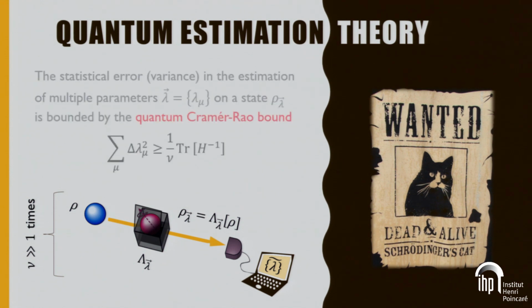What we are interested in is the covariance, the sum of the variances of the errors associated with each of these parameters. And what quantum estimation theory tells us is that this has a lower bound. Your error cannot go below this right-hand side, which, apart from the statistical factor depending on the number of times you repeat the experiment, is given by the trace of the inverse of this H matrix.